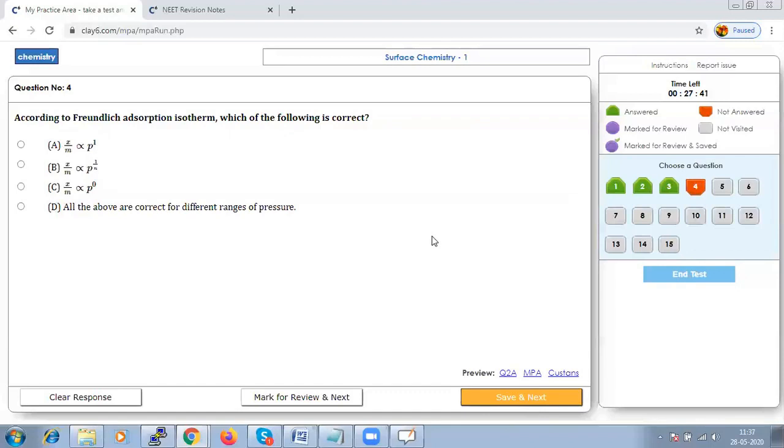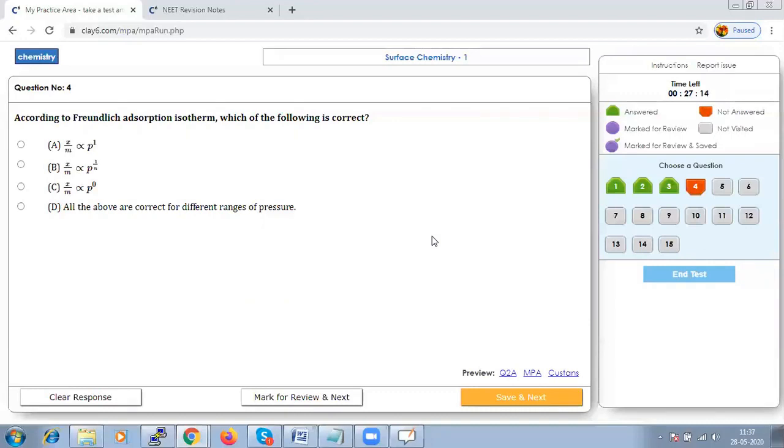According to the Freundlich adsorption isotherm, which of the following is correct? By looking at the equation itself, we could say that x/m is directly proportional to P to the power 1, x/m is directly proportional to P to the power 0, as well as x/m is directly proportional to P to the power 1/n, because everything is related to pressure.